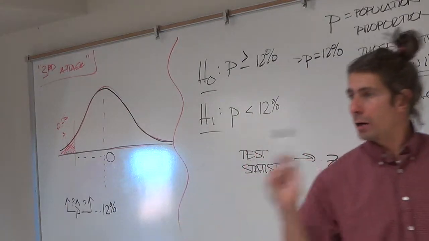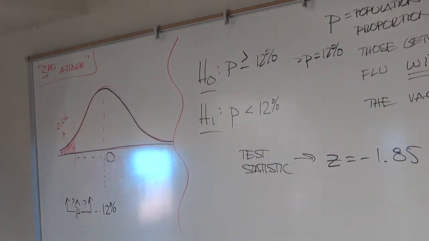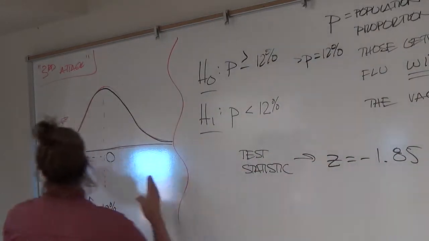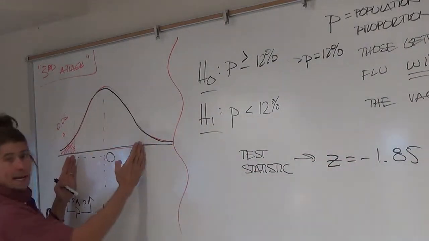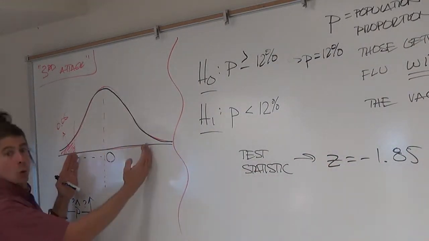Now, some of you go, okay, we dropped 1.85 standard deviations. That's not significant because it's not what? It's not 2, correct? Here's where you have to let your mind wander a little bit. It doesn't have to be 2 unless the interval is two-sided. Remember what we did with a one-sided interval? With a two-sided interval, you put here, and it's 2 down and 2 up.